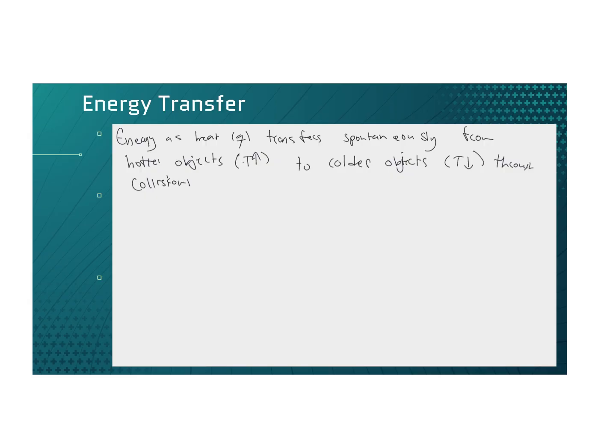All right, and so we can imagine, let's say I have a particle here. I have a particle here. Let's say this is at 300 Kelvin, and this is at 273 Kelvin. This particle is moving in this direction. It's going to come over, and it's going to collide with this particle that's at 273 Kelvin.